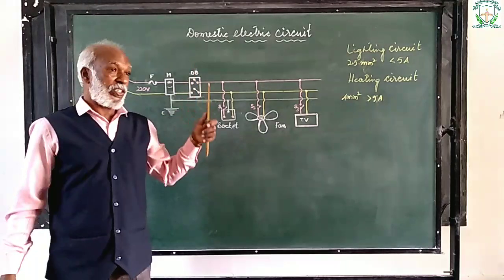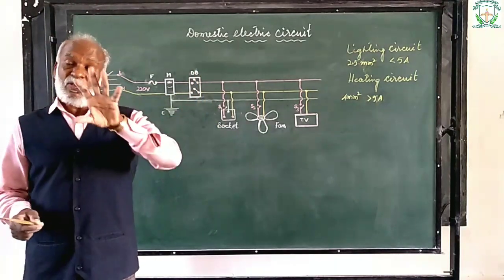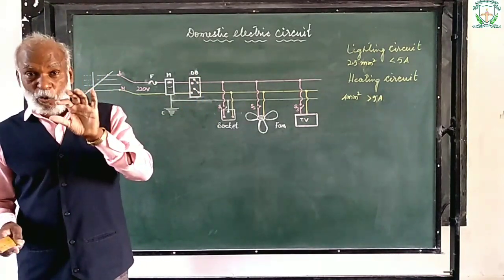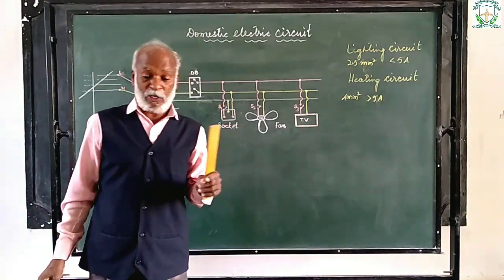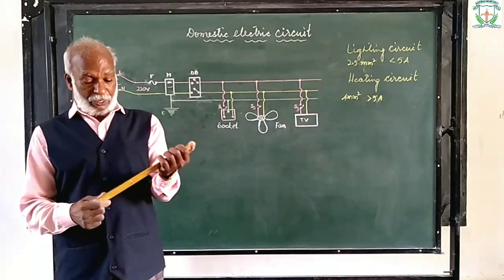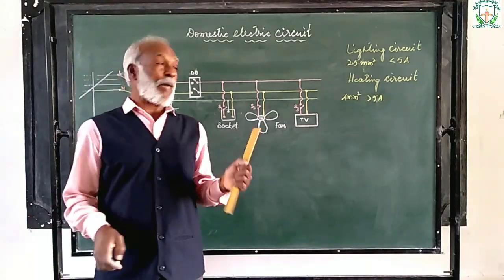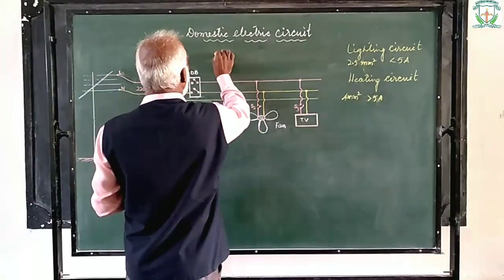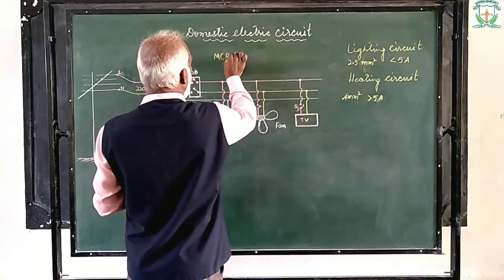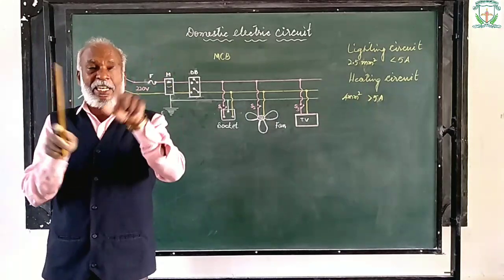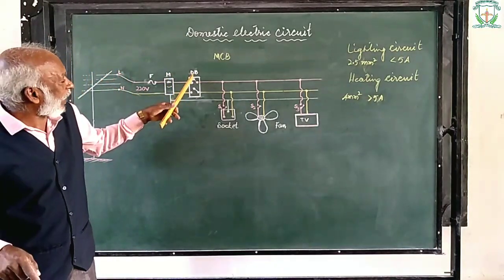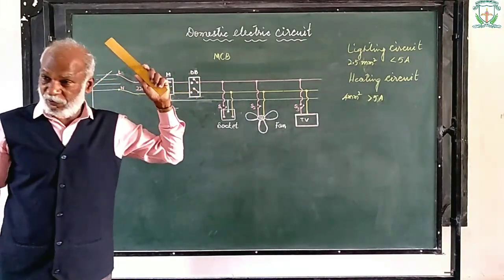Dipole switches, which sometimes are automatic. Automatic dipole switches are called miniature circuit breakers, MCB. You can see many miniature circuit breakers in the distribution box.